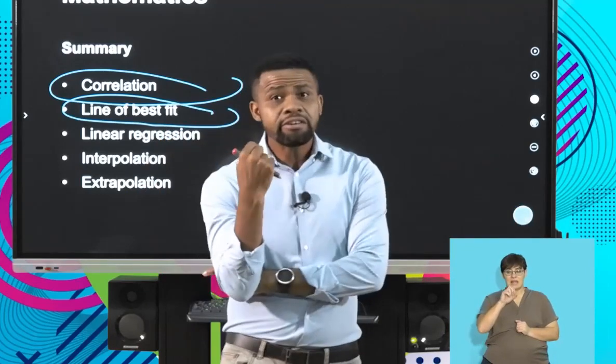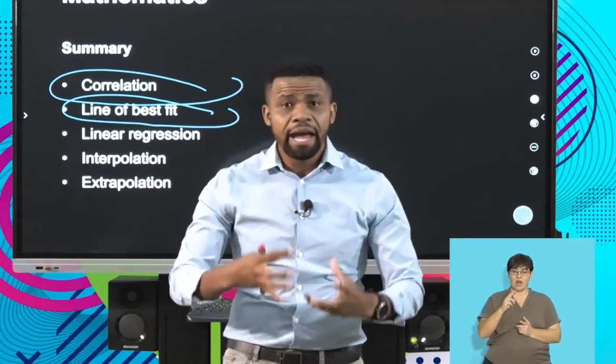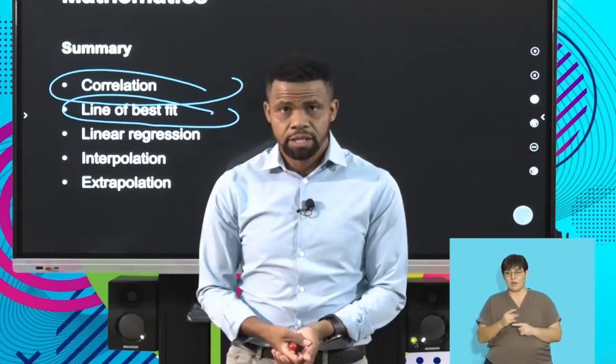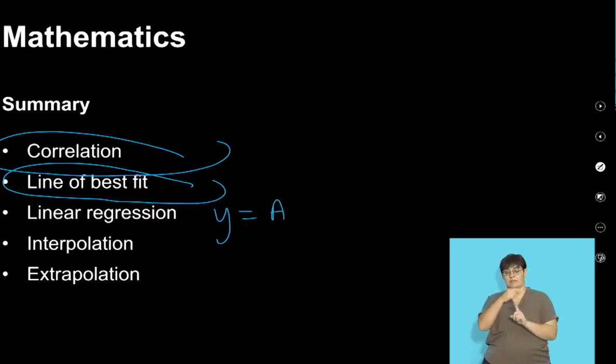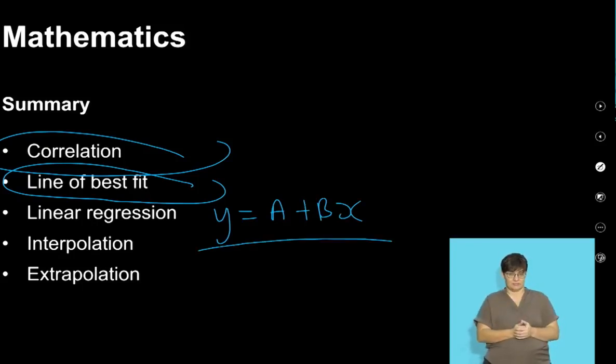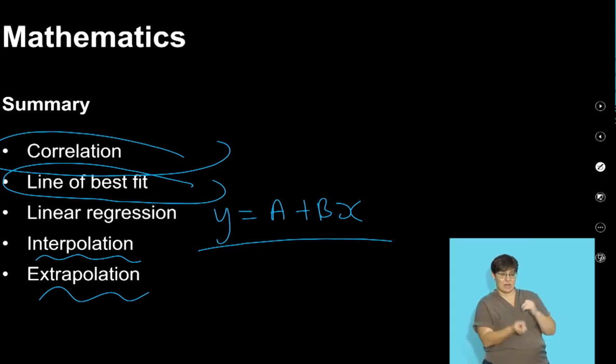And the linear regression is the equation of the line of best fit, which is given by y equals a plus bx. We can do that using our calculator. When do interpolation and extrapolation come in? When we want to predict.